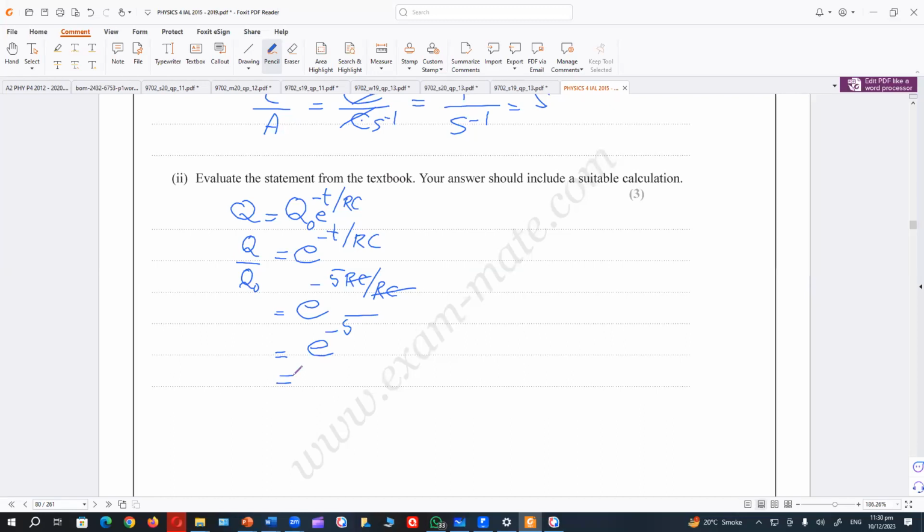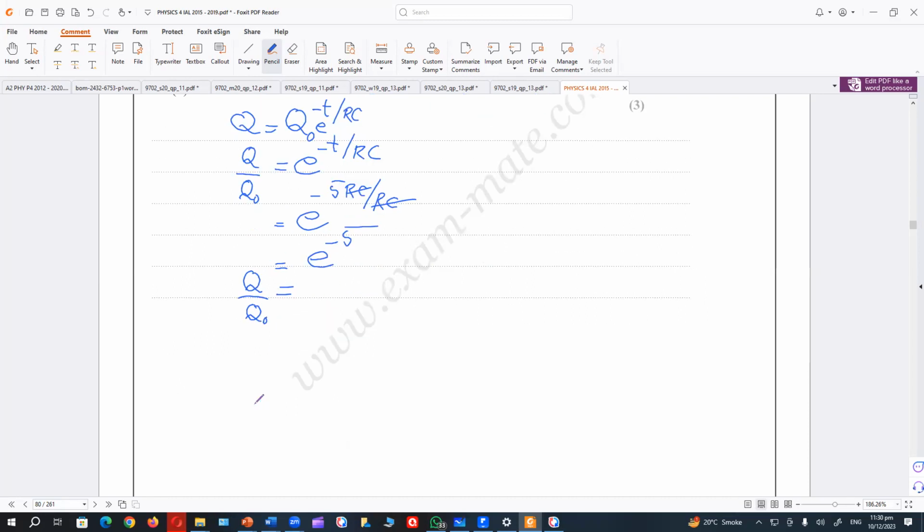Can you solve it using the calculator? Yeah. 6.74 times 10 to the power minus 3.